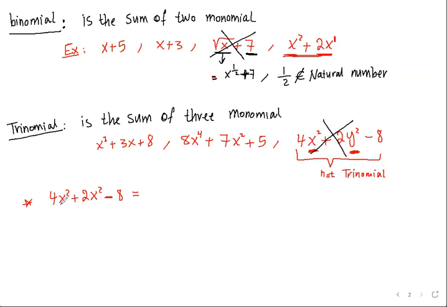I will teach you in this class how to add or subtract these. This is equal to 6x squared minus 8, and this expression has two terms. This means it's not a trinomial, it's a binomial.